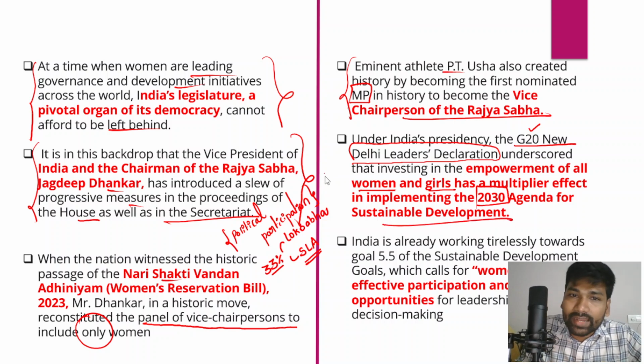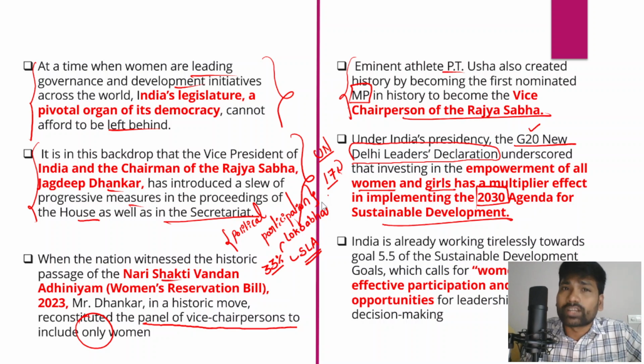Remember, time and again I have been emphasizing that the United Nations has come up with 17 Sustainable Development Goals, and these 17 goals include several important goals such as zero hunger, no poverty, universal health care, education for all, and gender equality.